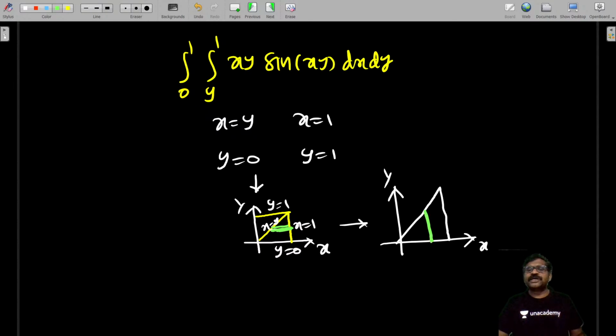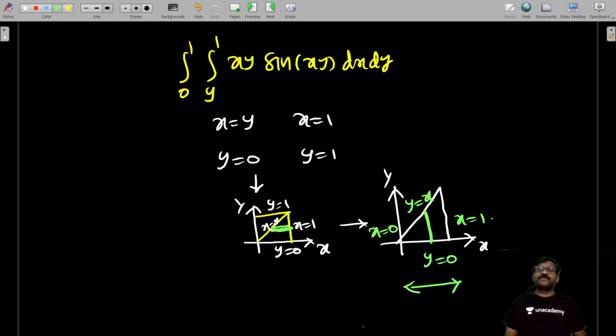If you consider a vertical strip, y limits are y equal to 0, y equal to x. When the vertical strip is fixed, you move horizontally from x equal to 0 to x equal to 1. So y varies from 0 to x, and x varies from 0 to 1.